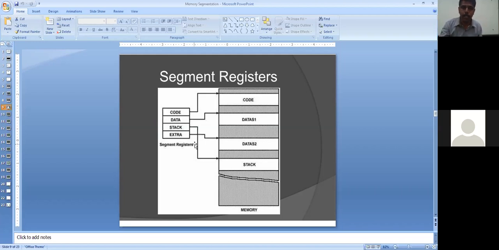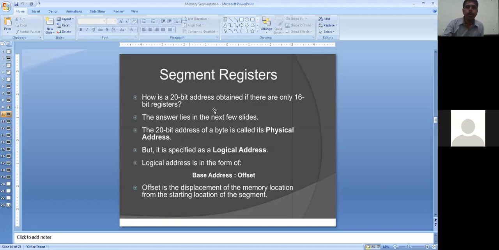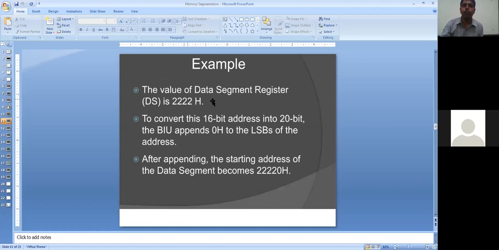We'll see with an example. Let us say the data segment register contains 2222.